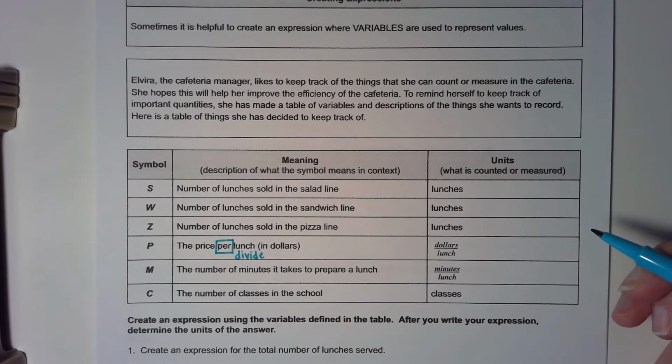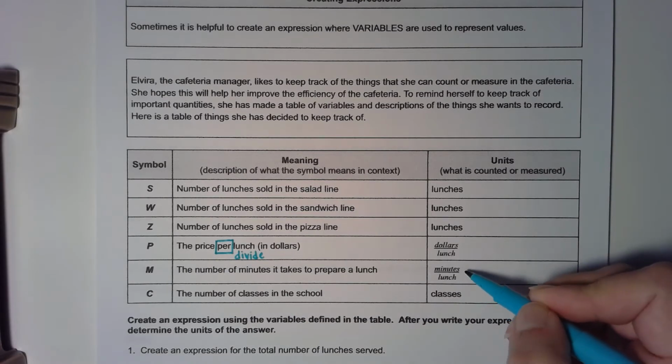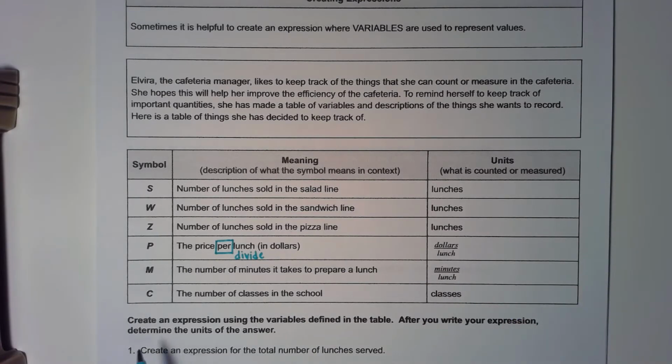So it's $5 per lunch would be $5 divided by lunches. The number of minutes it takes to prepare a lunch, so the number of minutes per lunch would be minutes per lunch. And C would be the number of classes in the school. We're just going to call that classes. At the end, we want to come up with what would the units of your answer be.